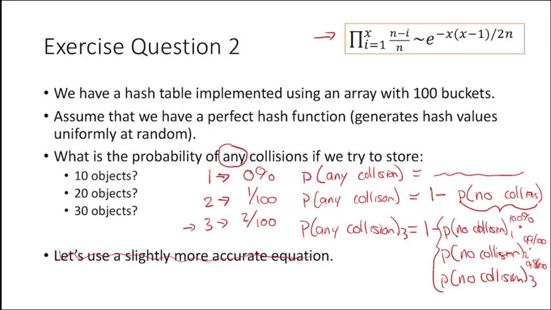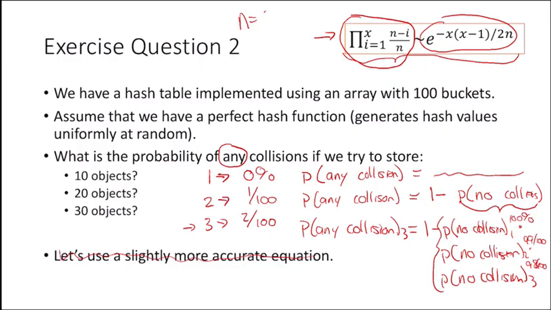So if you notice, you can start mapping that to the equation up here. If we take this, that's essentially the probability of no collision, and we can estimate that with this exponential right here. So if I plug in our values, we would have n is equal to 100, and x, this value here, is equal to 10, 20, and 30.